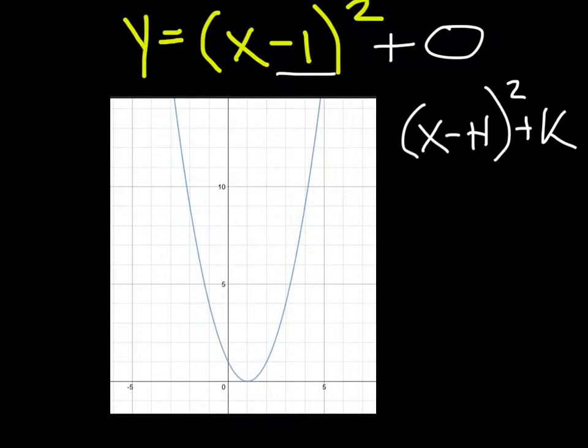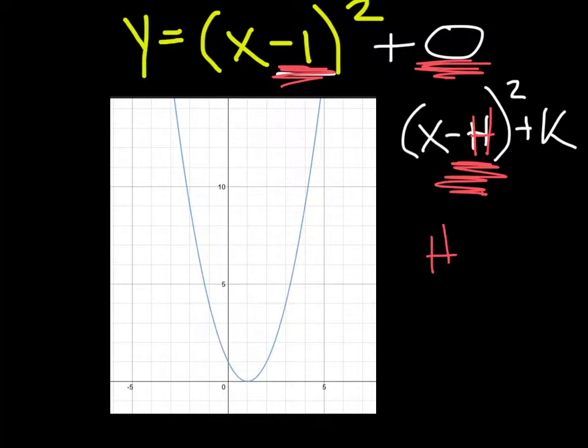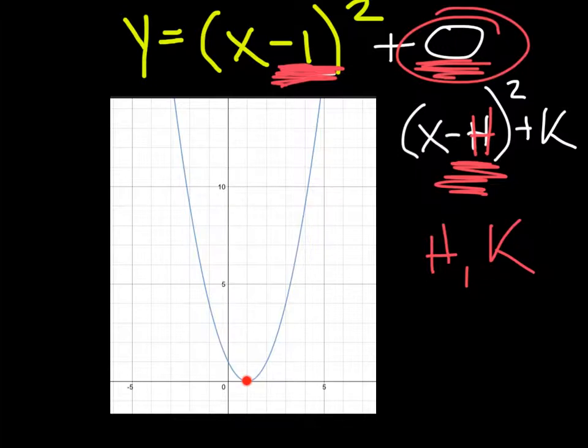Can you see where I came up with a 1 and a 0? Remember, the general form has a minus sign in it. So if you're looking for h, and h is the x value of the vertex and k is the y value of the vertex, you get it by doing 1, 0. That's why the vertex is at 1, 0.